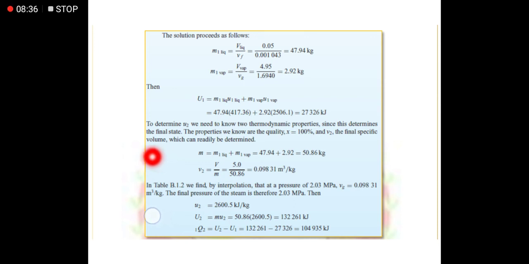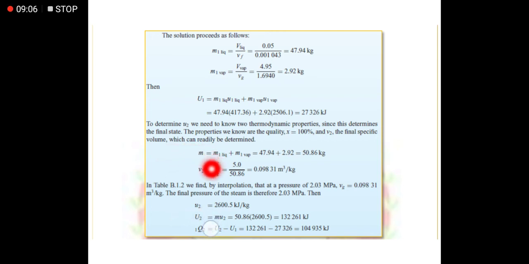The properties we know are the quality X. We have the 100% as I have said kasi yung result natin sa state 2 is saturated vapor, so hindi pa yun naging superheated vapor. Take note of that. Since fully saturated vapor siya, ang X natin is 100%. And V2, the final specific volume, can readily be determined.